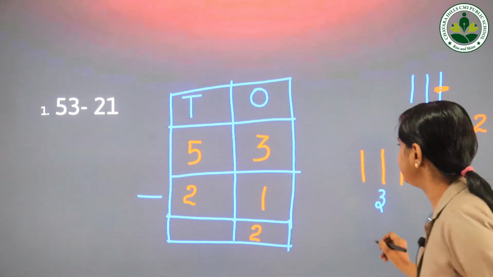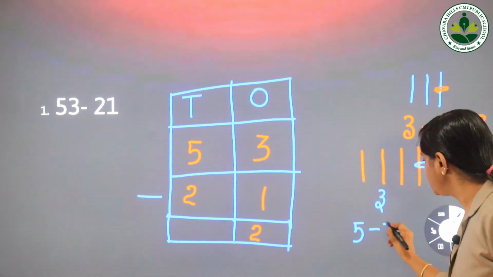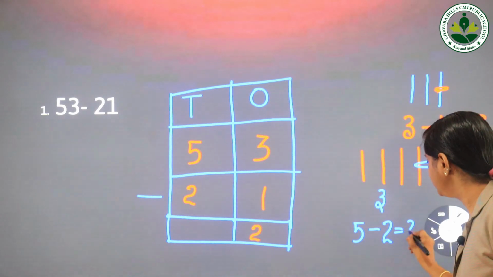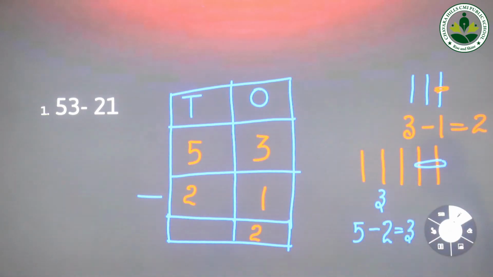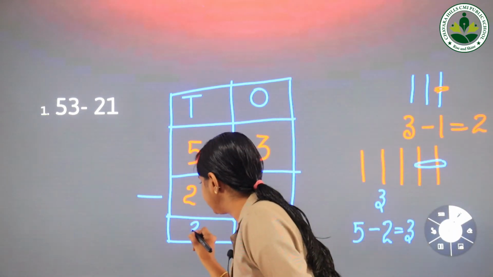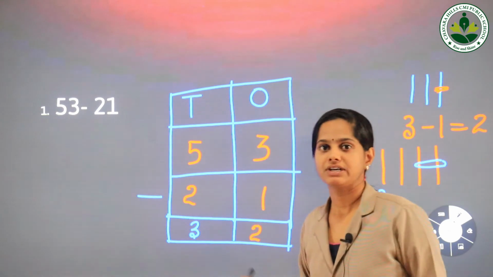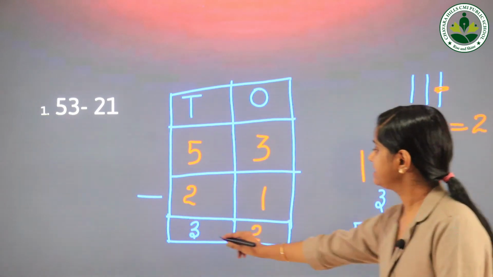So we can say that 5 tens minus 2 tens is equal to 3 tens. So we can write 3 in the tens column. So this is the answer.